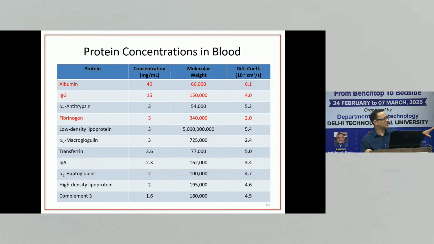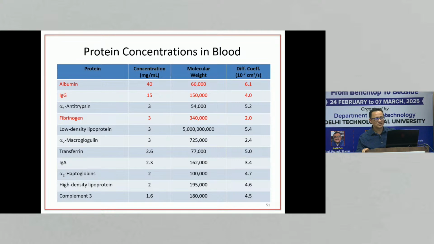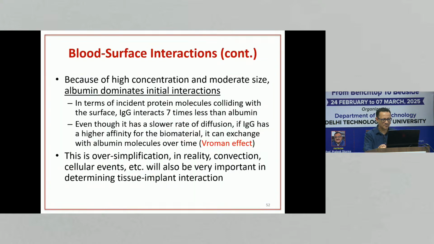Here is a little bit showing different amounts of different proteins and their diffusion coefficient, what is rushing fast, what's coming slow, how different proteins are coming.